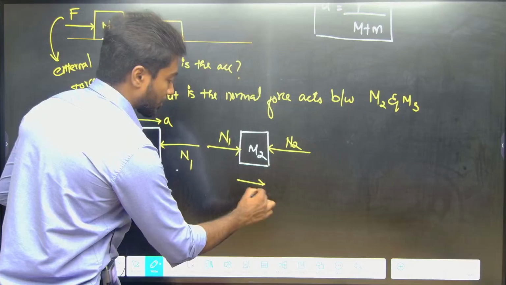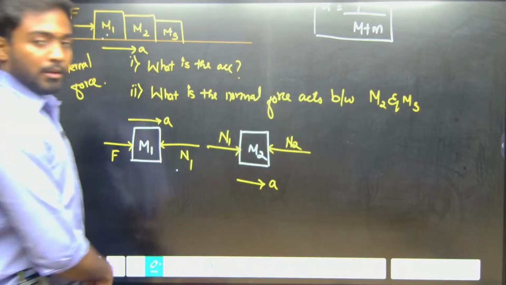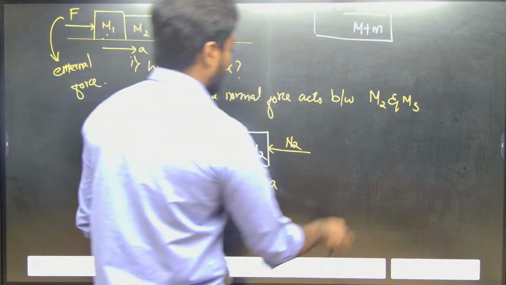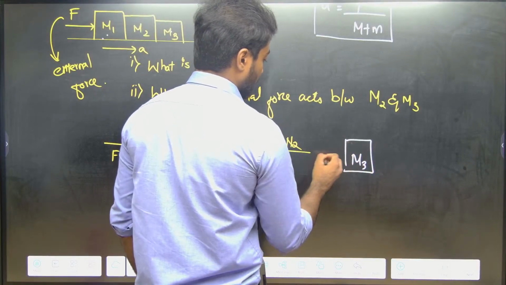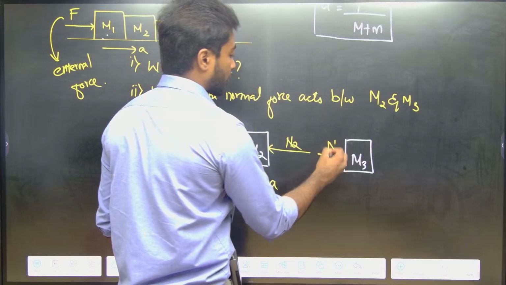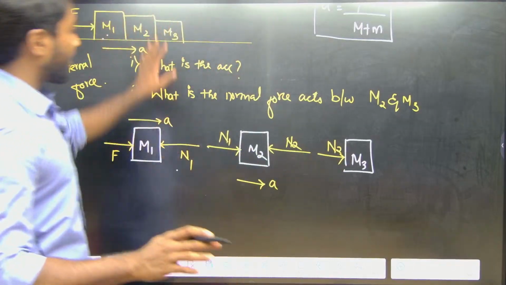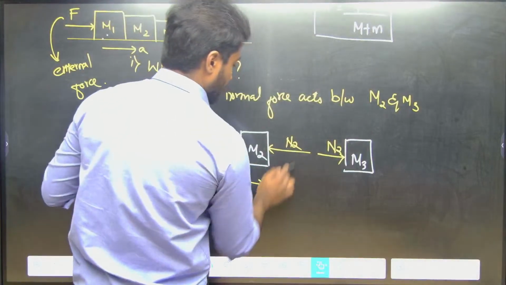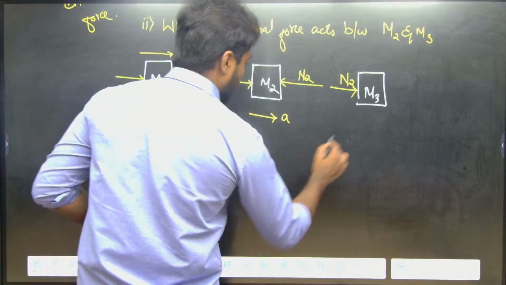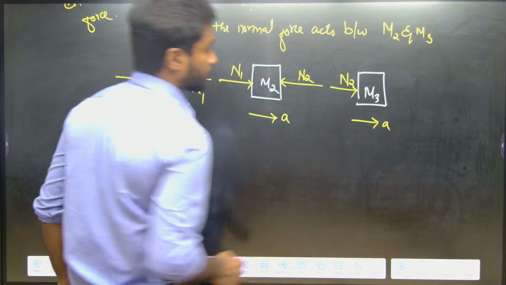Acceleration direction will be in this direction, A. Then the last one is M3. This is my normal force due to M2. Is there any other force acting on M3? No, only this. And the direction is A.